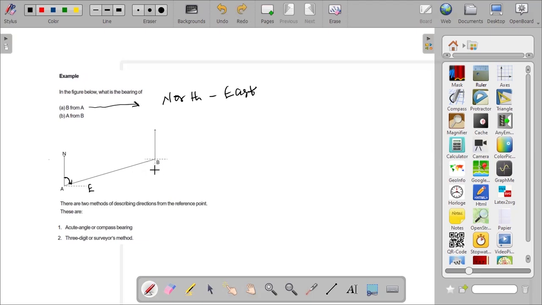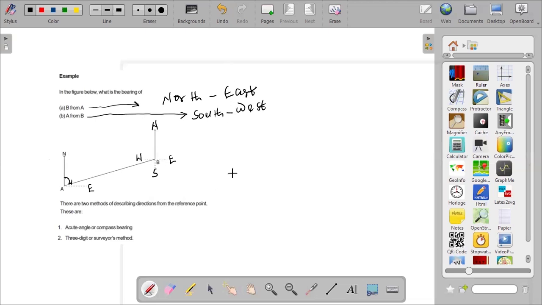What direction is this? This is south, this is north, this is west, and this is east, meaning A from B is southwest. In other words, point A is southwest of point B. Okay, so A from B is southwest.